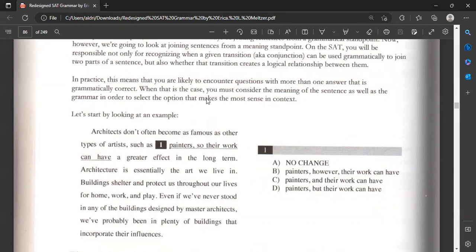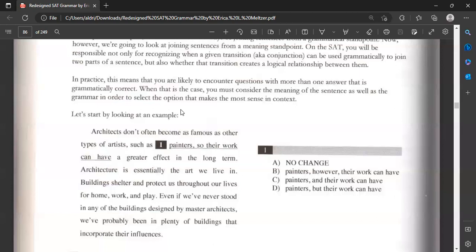All right, so let's look at the first example we have here. Architects don't often become as famous as other types of artists, such as painters, so their work can have a greater effect in the long term. Architecture is essentially the art we live in. Buildings shelter and protect us throughout our lives, for home, work, and play.